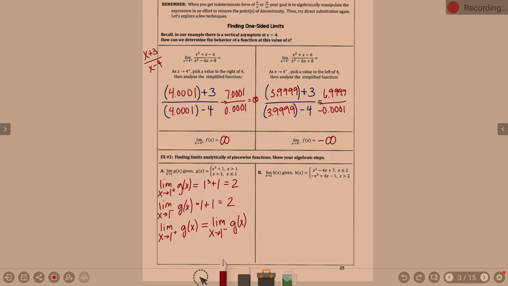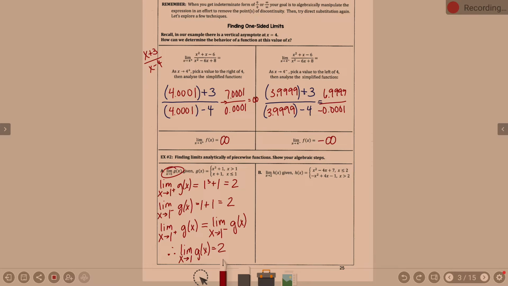I am specifically pointing out, saying, hey, they are equal. Therefore, if they are equal, this is what we are trying to find. What is the limit as x approaches 1? It is 2. And I mentioned those 3 dots that mean therefore. Therefore, the limit as x approaches 1 of g of x is equal to 2.